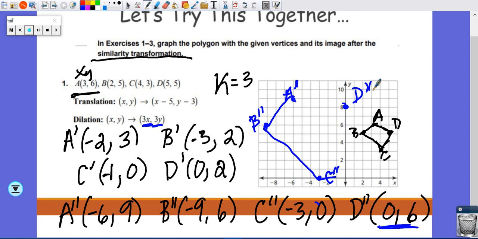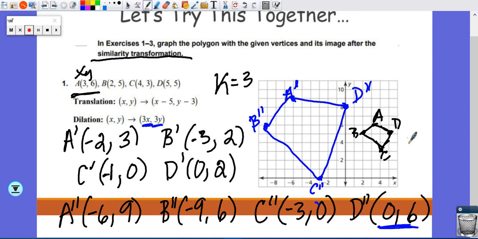But here's how you check your mistakes. You catch your mistakes by knowing your definitions and knowing what's supposed to happen to the pictures. So I knew these were supposed to be the same shape but different sizes, because if I have a dilation, then I'm not going to change the shape.